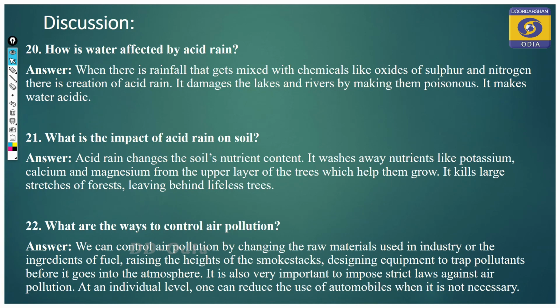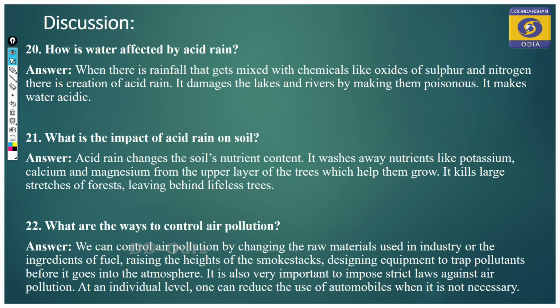We can also change the ingredients of the fuel. This is the second point. Remember children, if you write down the answer point-wise, it will be easier to remember. So, the first point is changing raw materials used in industries. The second point is changing the components of fuel.